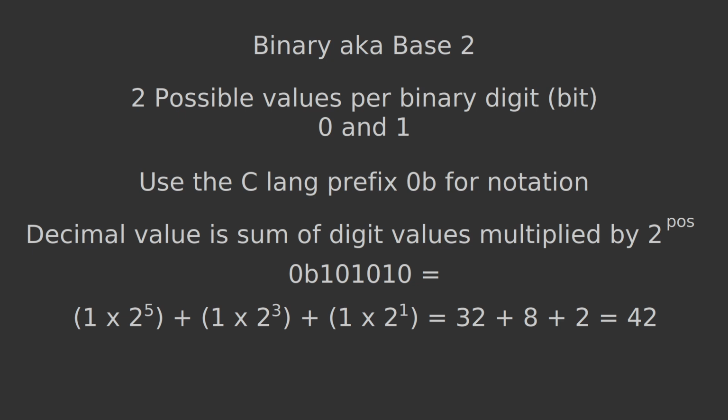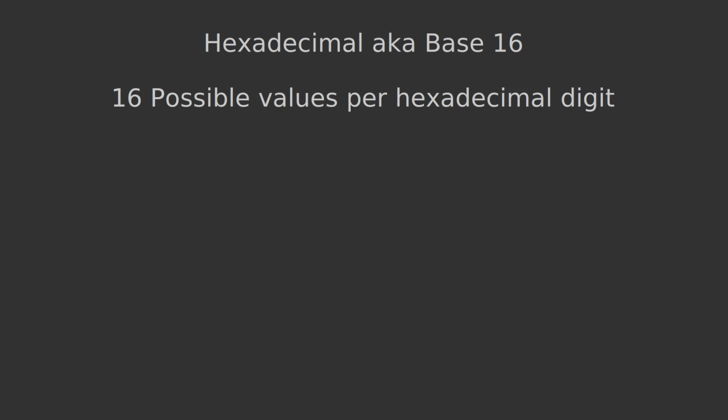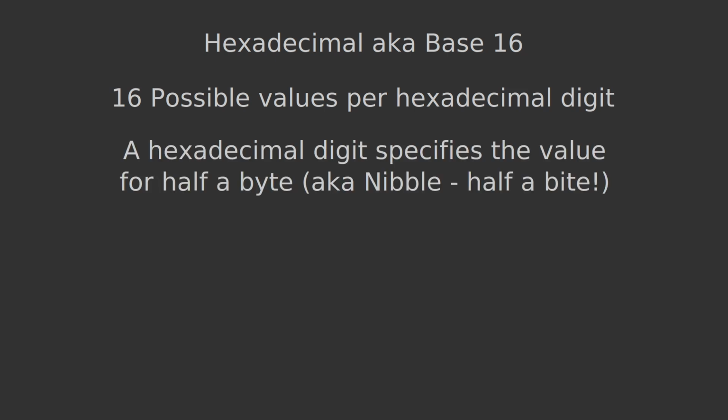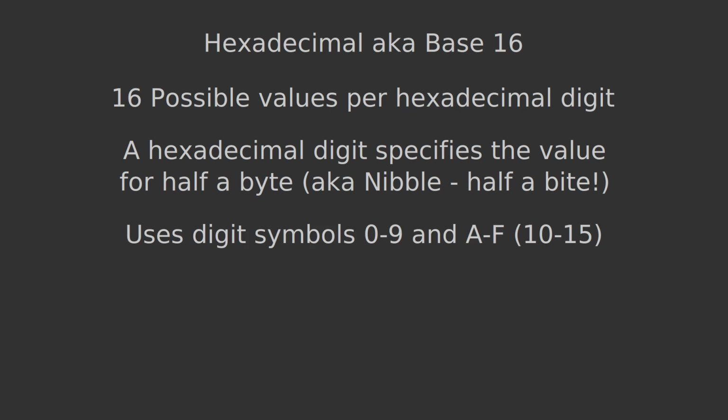Another important counting system that we'll be using later is hexadecimal. Also known as base 16, hexadecimal has 16 possible values for each digit. A digit can specify the value for a group of 4 bits or half a byte, which is also known as a nibble. A hexadecimal digit can have a value of 0 through 9 or A through F, where the letters represent the decimal values 10 through 15.